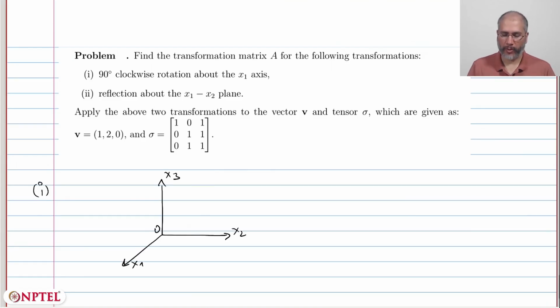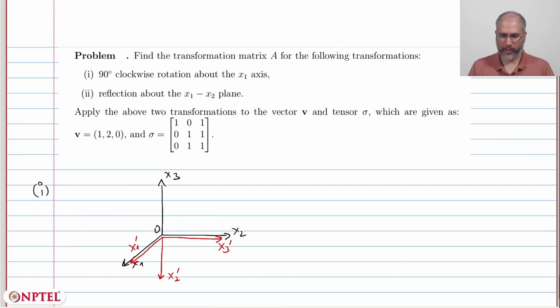So this is our base coordinate system, and the transformation is a 90-degree clockwise rotation about the x1 axis. If it's rotation about the x1 axis, then definitely x1 prime is exactly the same as x1 because the rotation is about this. And then if it's clockwise, then x3 prime starts coinciding with x2, and x2 prime goes opposite to x3.